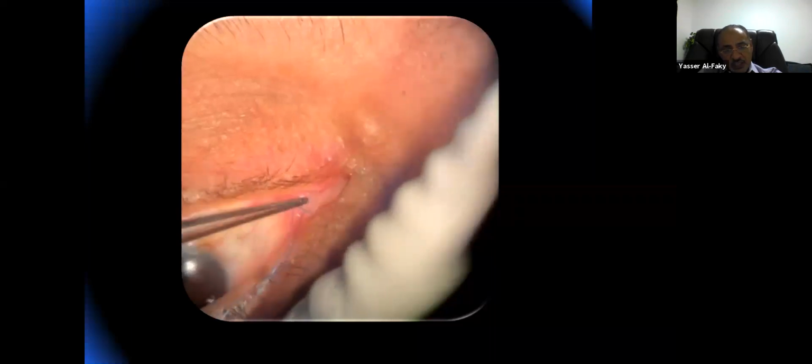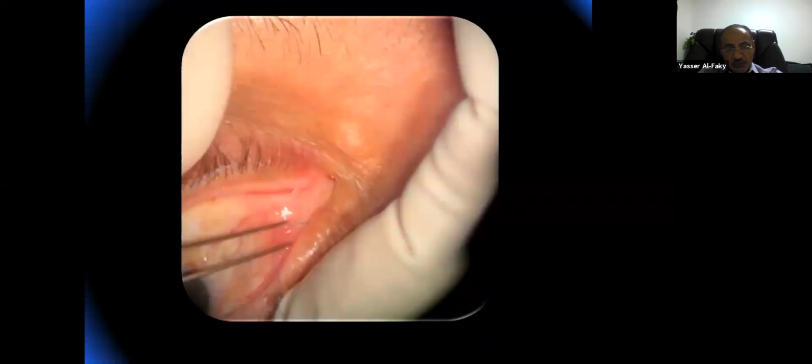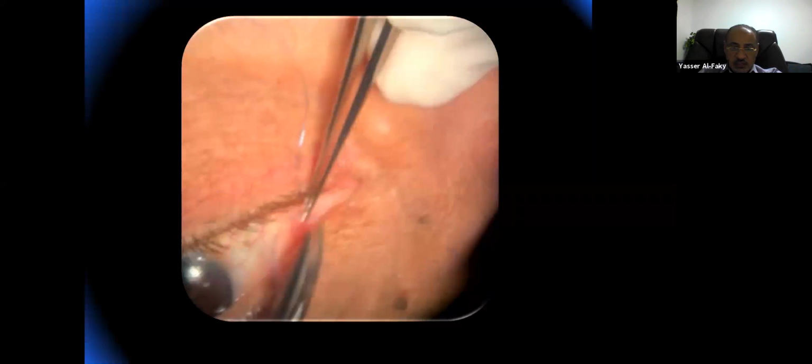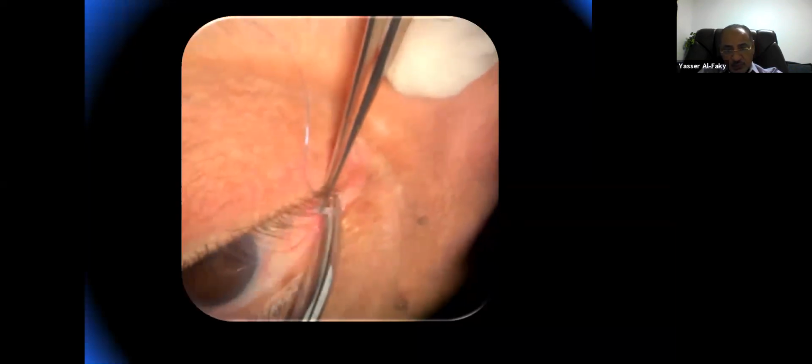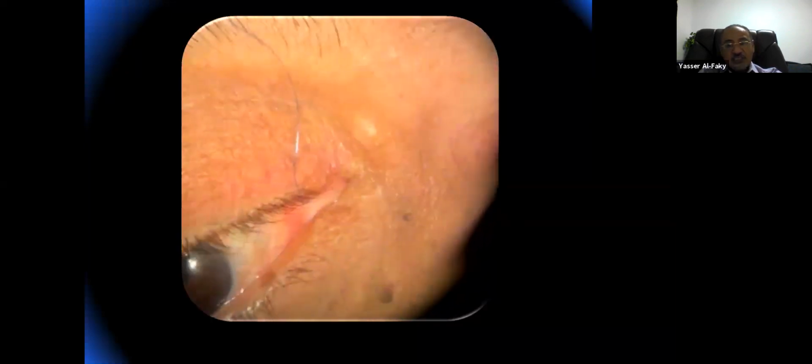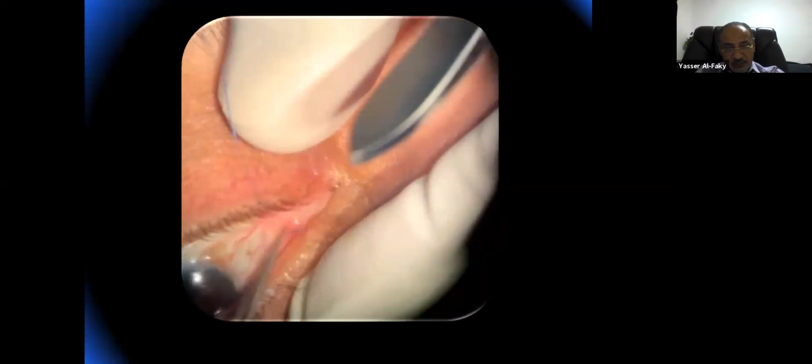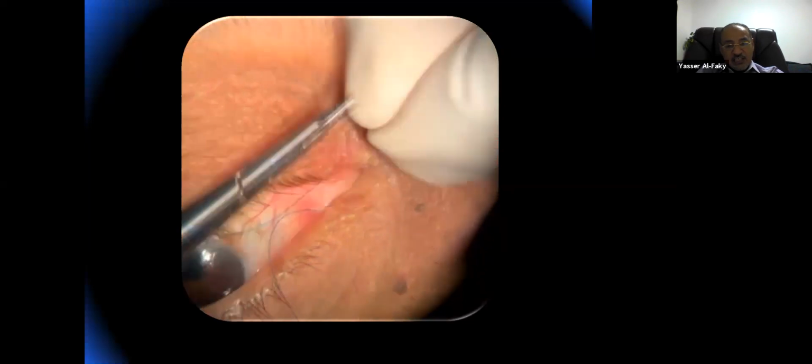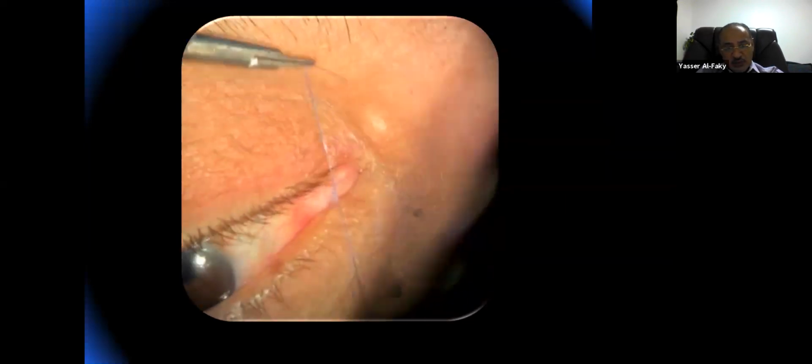Adjust the length. If, like this patient, it is longer than what it should be, because you don't need it to hit the cornea, you can cut a part of it, but be careful that the stent now, the suture, you cannot hold it, so gently try to put it inside again, and we'll tie it, multiple, 3 throws.